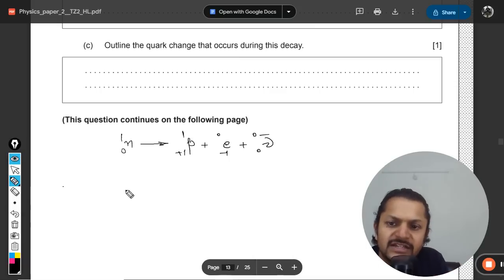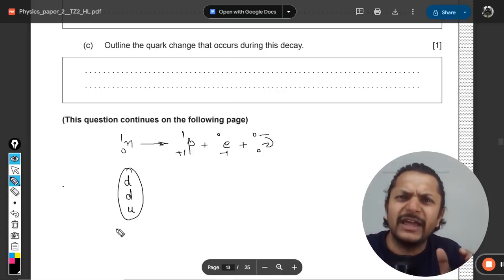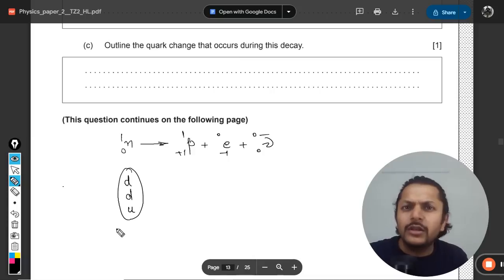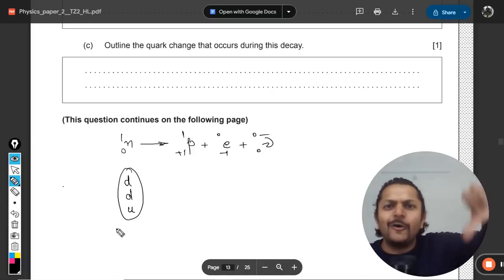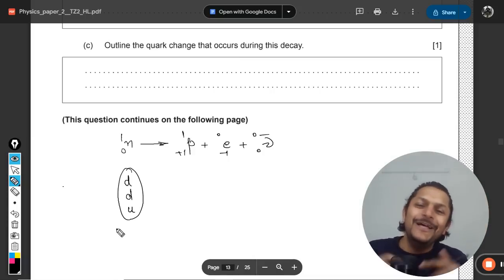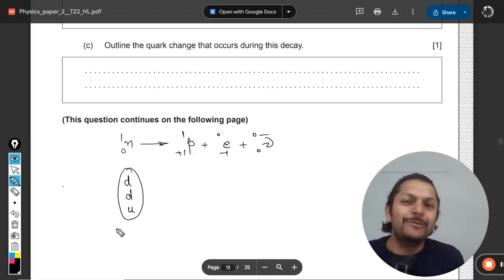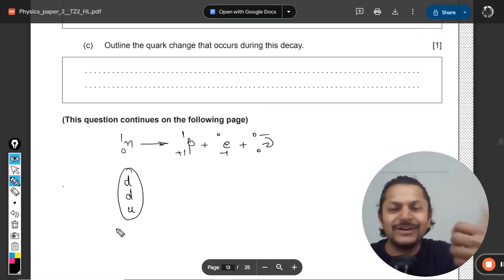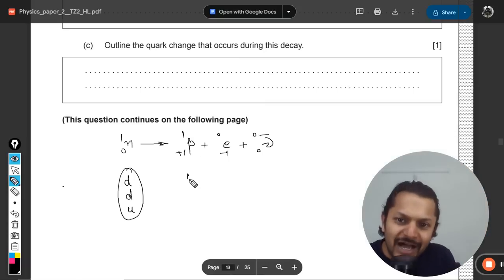So the neutron is like down down up. You can even remember it, just like there is a protest going on in your city and it's like down down you against neutrons, okay? But for the proton it is always up up down. It's like up up up for the proton. So the proton is up up, and one quark is down.